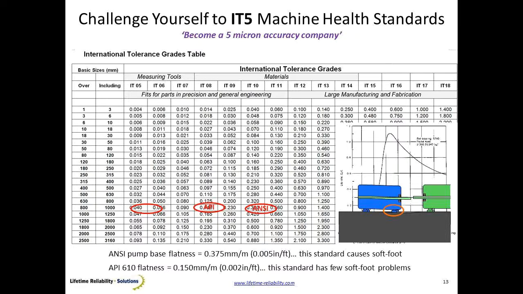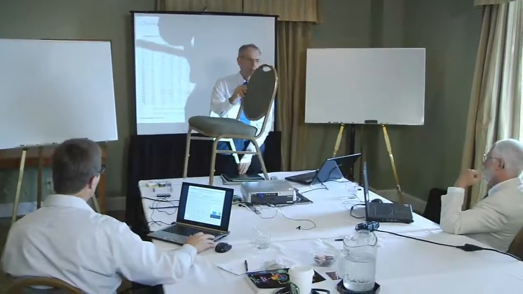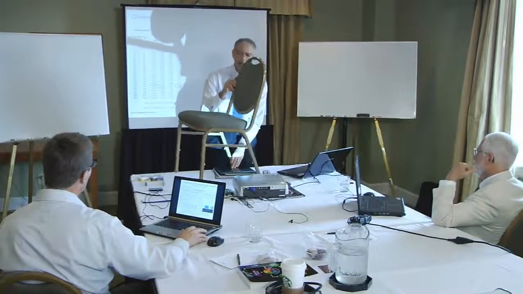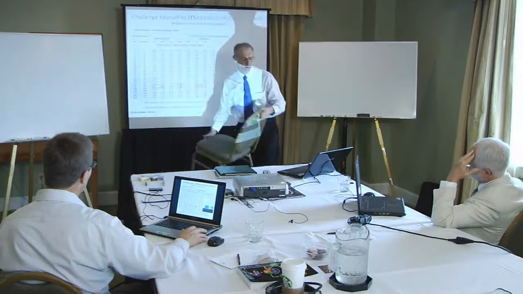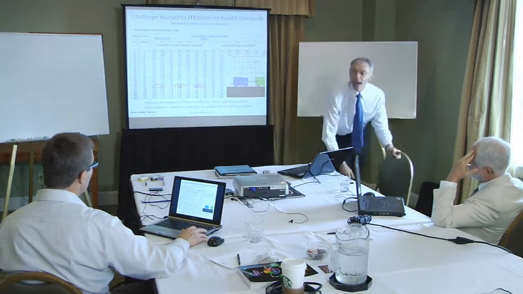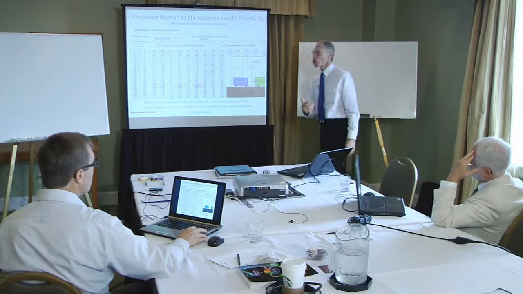The ANSI pump base says they will accept up to a 5 thou unflatness per foot. Now 5 thou unflatness per foot is a really bad soft foot problem. That's terrible. Now this is saying until you're past 5 thou unflatness per foot, don't worry about solving a soft foot problem.